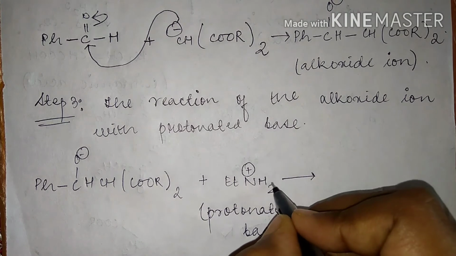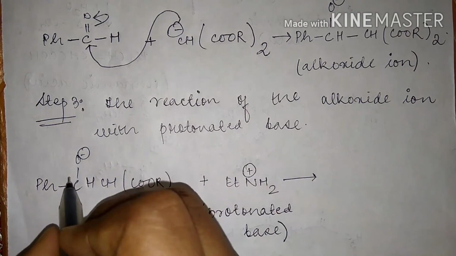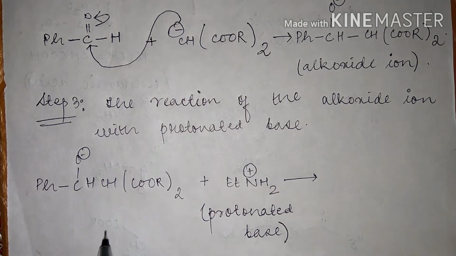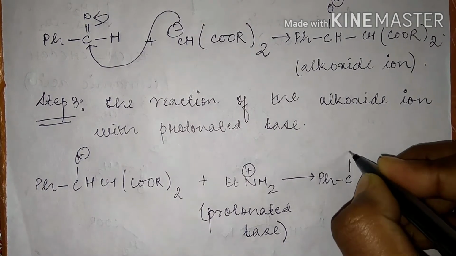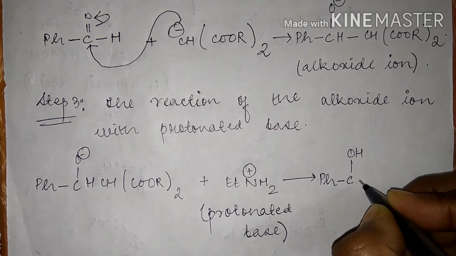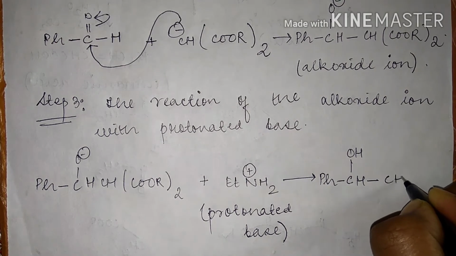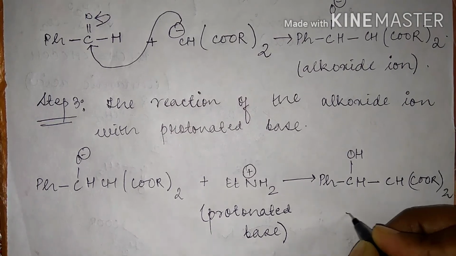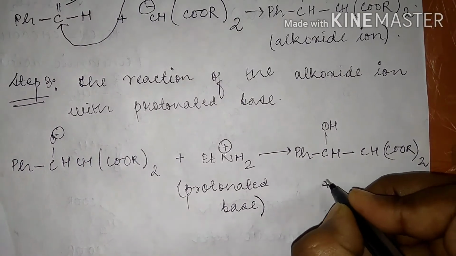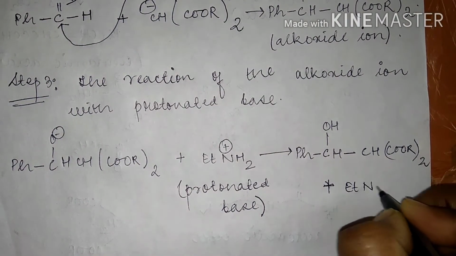One of the protons from the protonated base will be abstracted by the O negative of the alkoxide ion to form this compound, and we get back the base again, Et2NH.